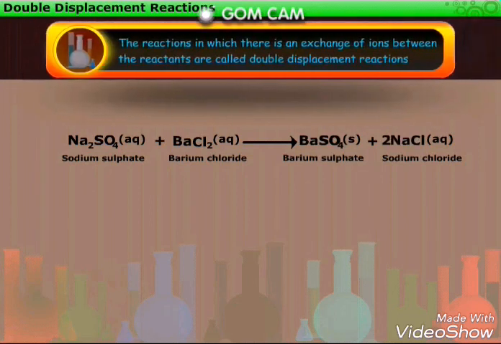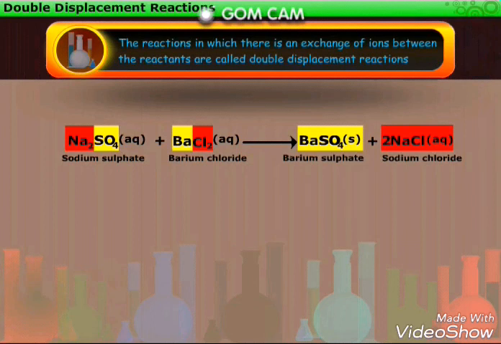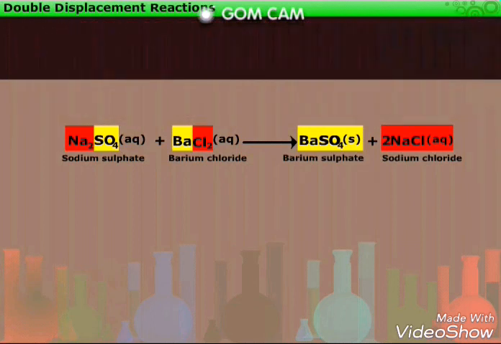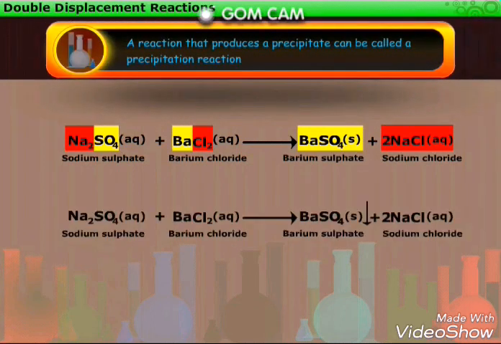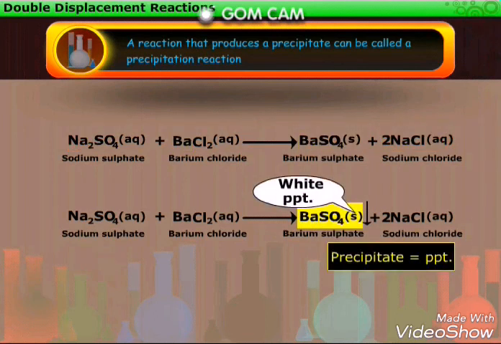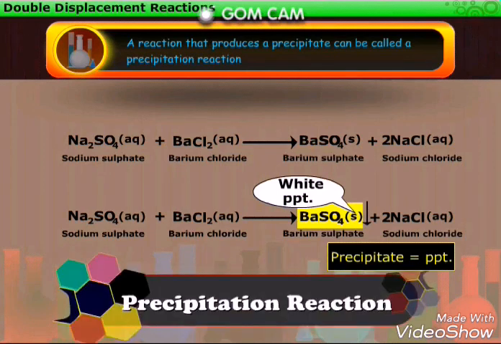Such reactions, in which there is an exchange of ions between the reactants, are called double displacement reactions. Also note that a reaction that produces a precipitate can be called a precipitation reaction. Here, barium sulfate is formed as a precipitate. Hence, this reaction is also called a precipitation reaction.